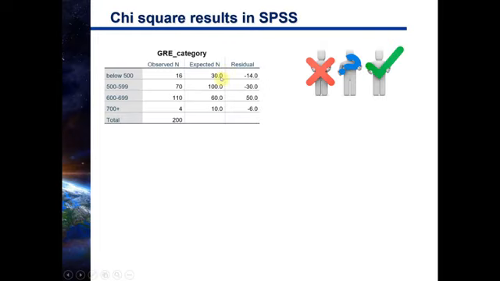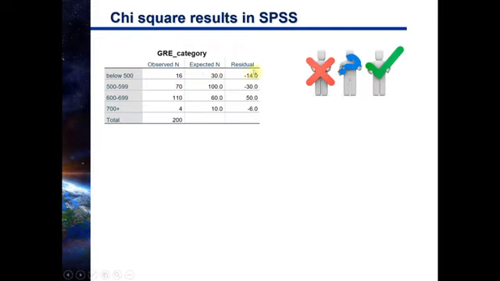What you should have found if, in fact, your observed frequencies are distributed the same way as some other set of frequencies. So if our GRE data is distributed like the NGTA data, then for this cell below 500, we should have seen 30. But we didn't. We got 16.